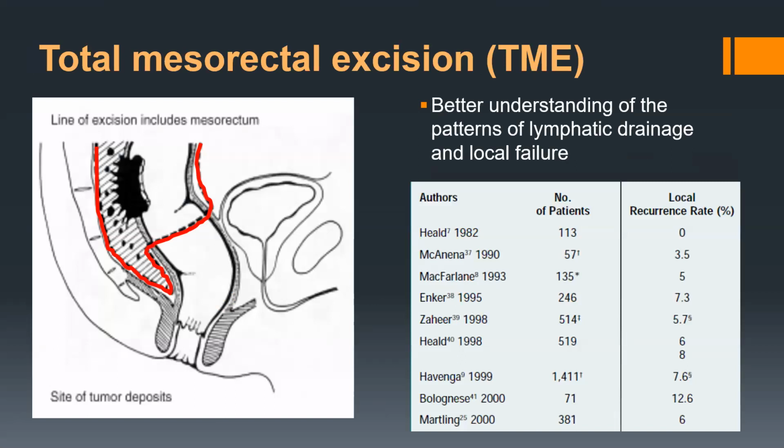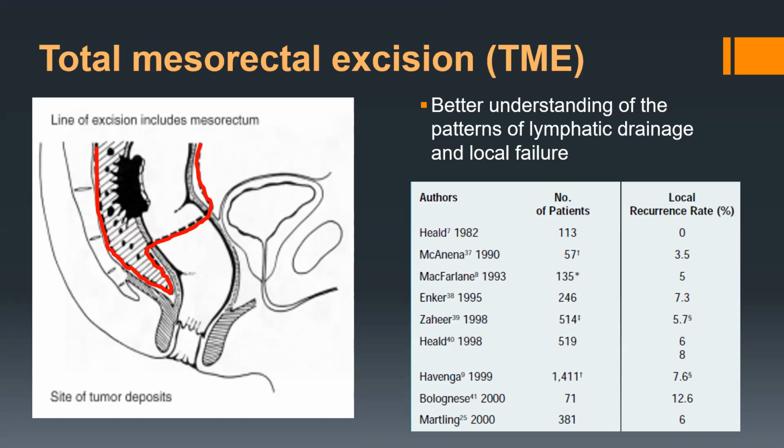In the UK, a surgeon called Heald in 1982 first published a data set where he proposed that instead of doing traditional surgery, which would basically take out the rectum with a margin around it, we need to take out the mesorectum in toto, which means take out, as this diagram suggests, all the tissue, the fat and the lymph nodes from the rectal wall back up to the sacrum, all around the entire tissue within the mesorectal fascia.